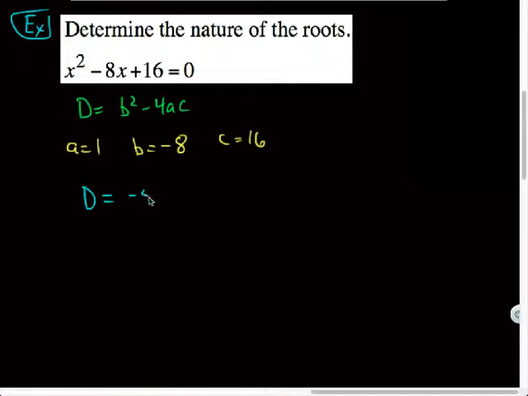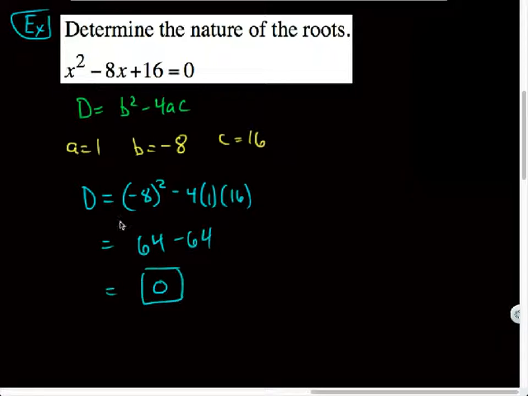B squared, negative 8 all squared, minus 4 times 1 times 16. Negative 8 squared is positive 64, minus 64 equals 0. The discriminant equals 0. So what does that mean? One real solution.